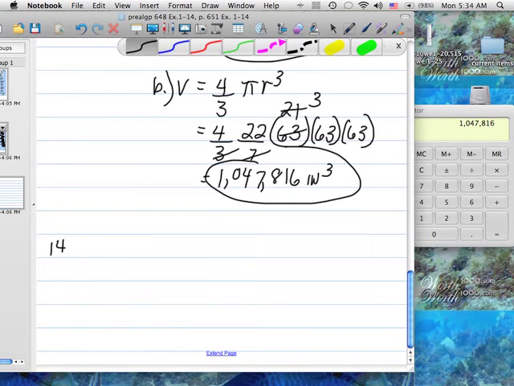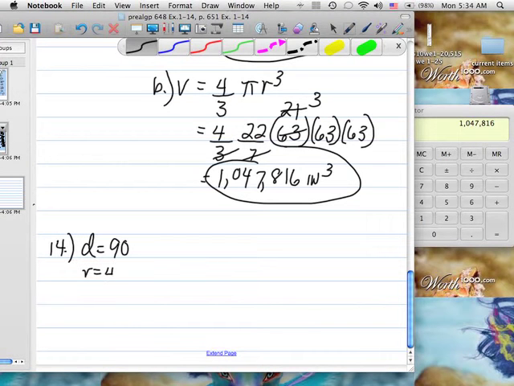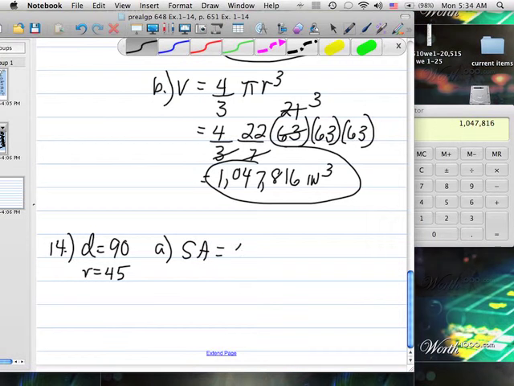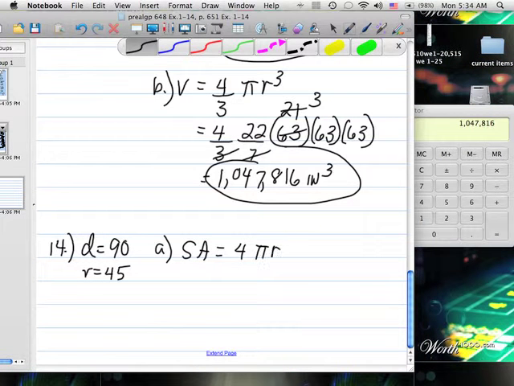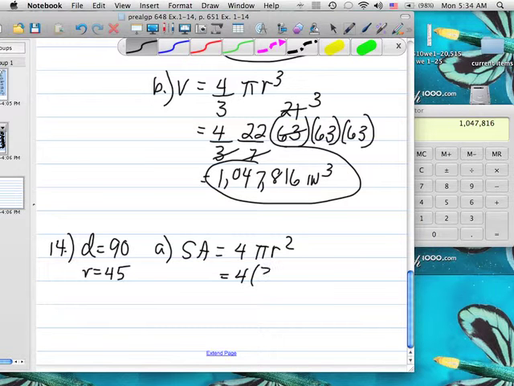And the last problem, 14, a sphere with a diameter of 90. So if diameter equals 90, the radius equals half of that, 45. First, find the surface area equals 4 pi r squared. So neither is divisible by 7, so use 3.14.